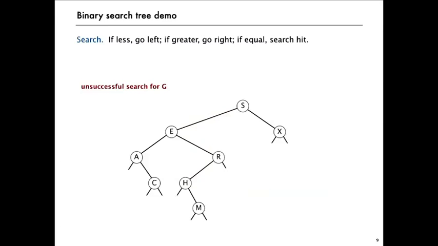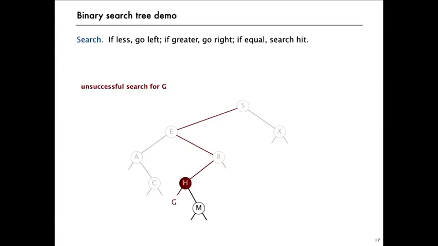What about an unsuccessful search? Well, the same rules follow. If it's in the tree, it's got to be to the left or right, according to whether it's smaller or larger than the key at the root. In this case, if we're searching for G, it's got to go left because it's less than S. When we come against the E, we got to go right because it's bigger than E. Against the R, we have to go left because it's less than R. We come against the H, we have to go left.